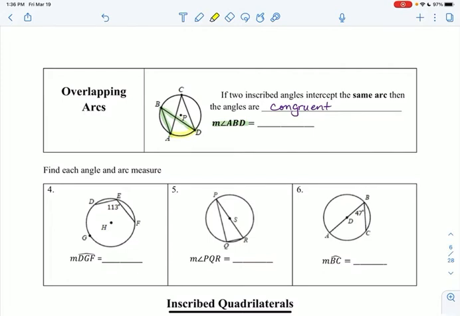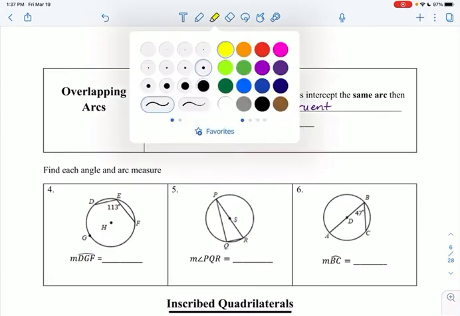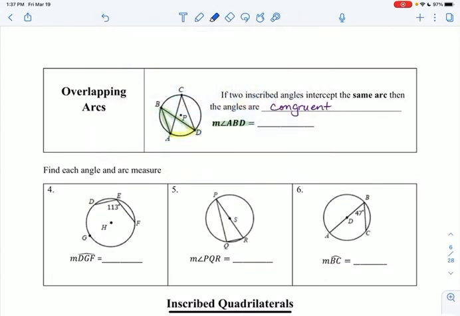So the sides of the angle are forming that arc. Well, there's another angle that has that same arc, angle ACD. See how the beginning and the end of arc AD also match up with angle ACD.